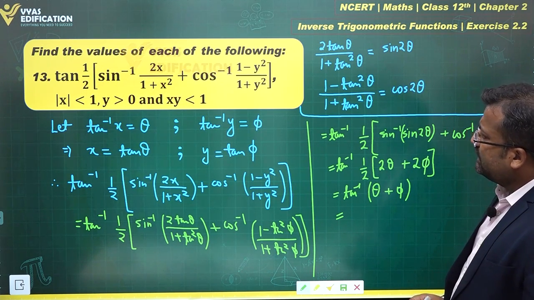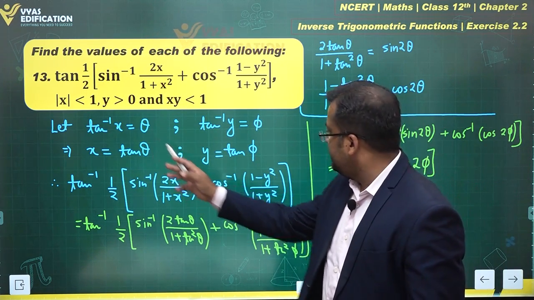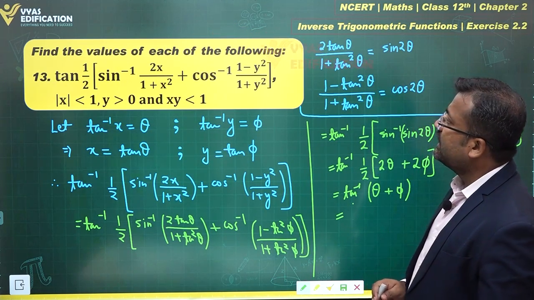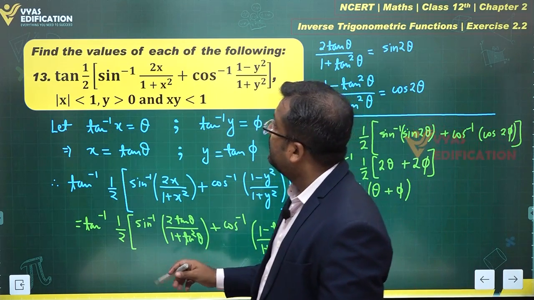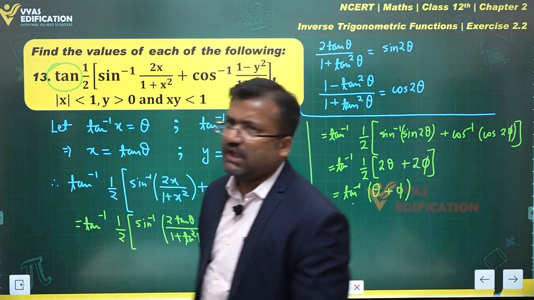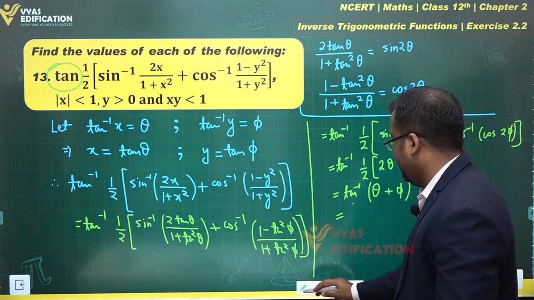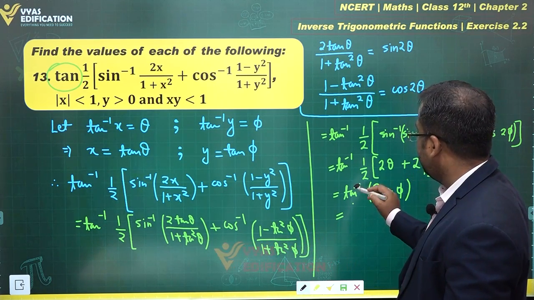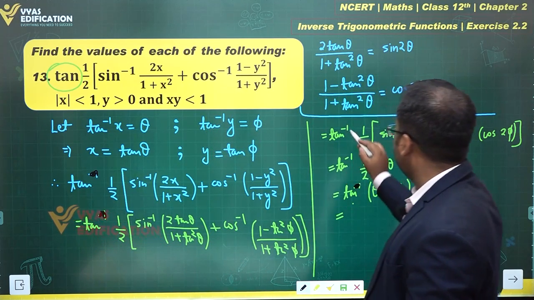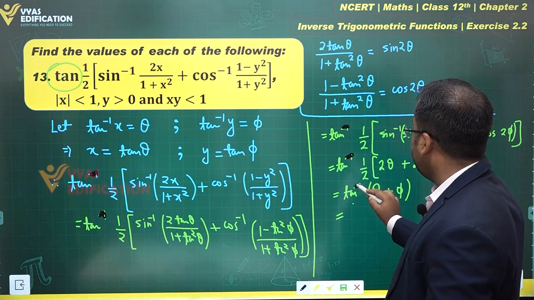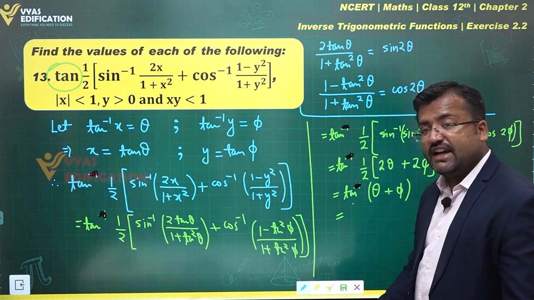But if theta is tan inverse x, there should be a tan over here. There is a tan over here, so let's get rid of that. The original question had tan of this. This is not tan inverse, this is tan of this. Let's write that carefully now.